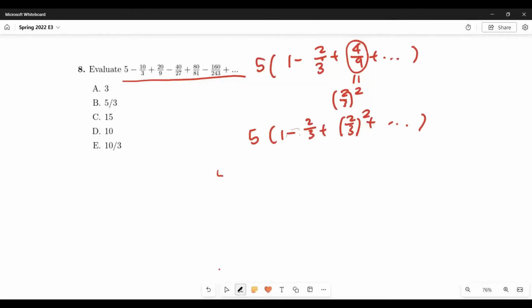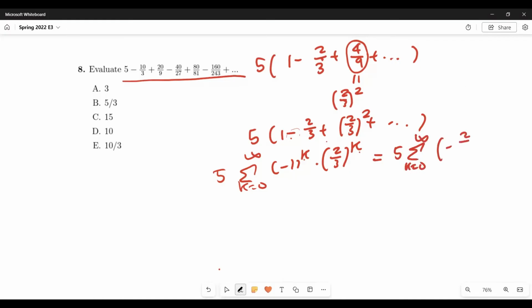So you can write this as 5 times the sum from k equals 0 to infinity. Since the sign is changing, it's going to be negative 1 to the k times 2 over 3 to the k. Since they have the same power of k, you can write this as 5 times the sum from k equals 0 to infinity of negative 2 over 3 to the k.